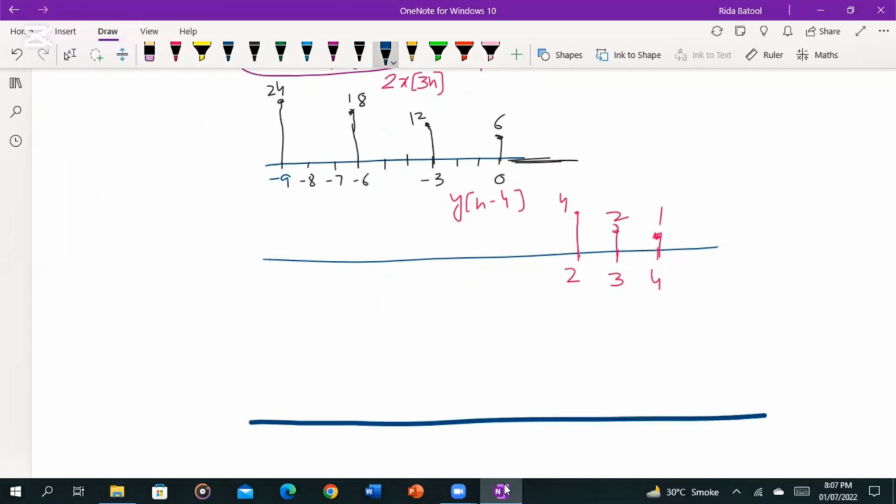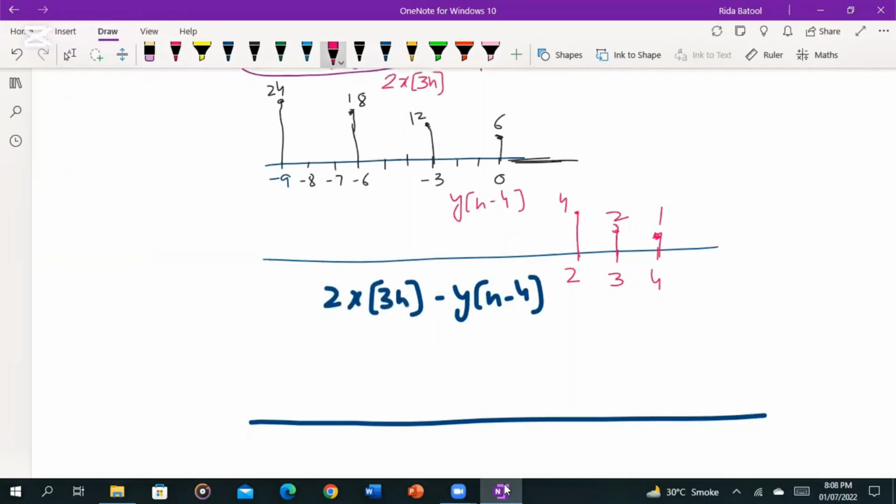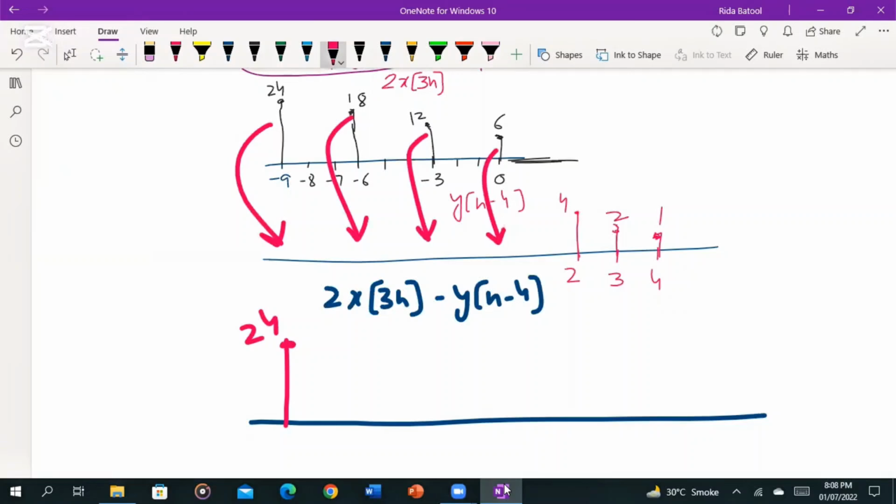Now we are sketching x of 2n minus y of n minus 4. Now 24 minus 0 is 24, 18 minus 0 is 18, 12 minus 0 is 12, 6 minus 0 is 6.